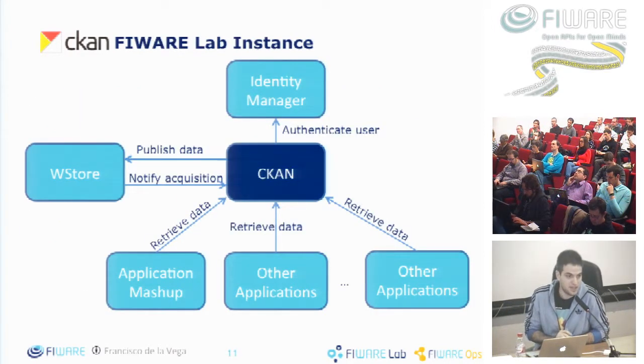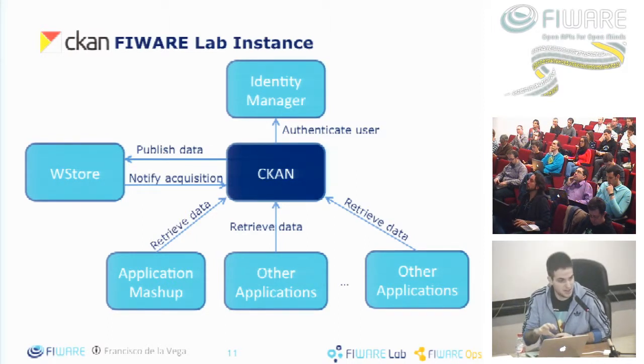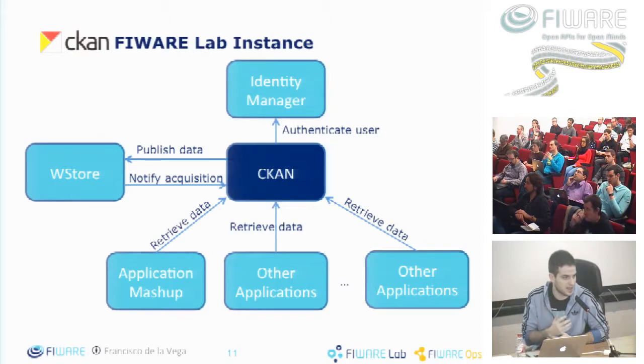And here is a brief schema of how this integration works. We have CKAN in the middle of the picture, and then we have the identity manager, which I suppose has been explained in other talks, and we use it to authenticate users.